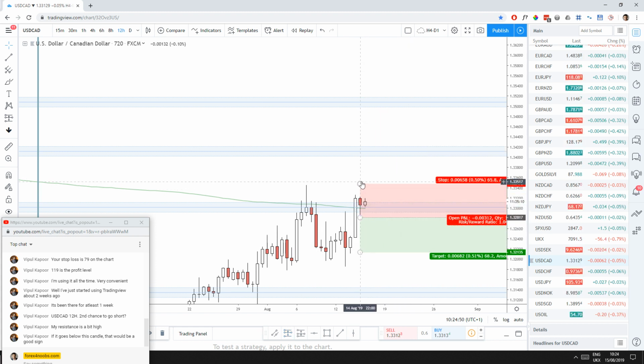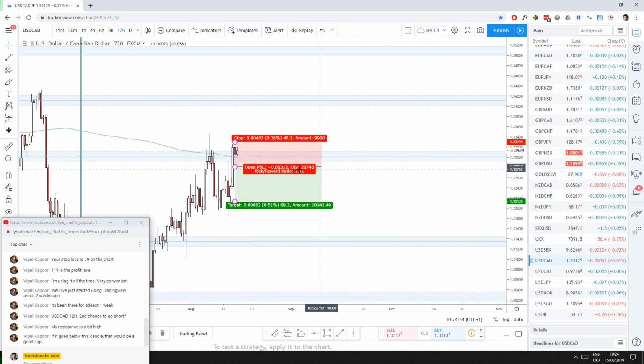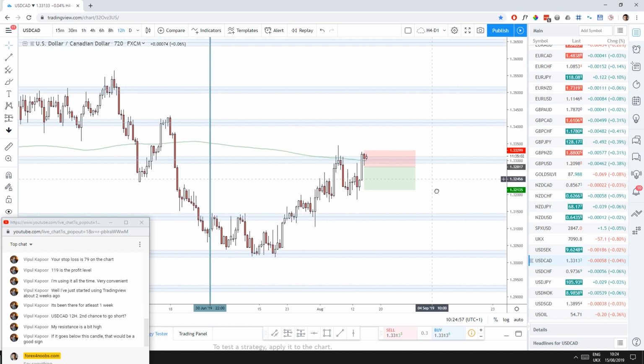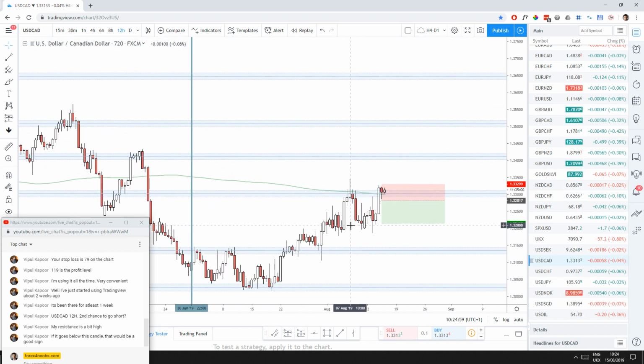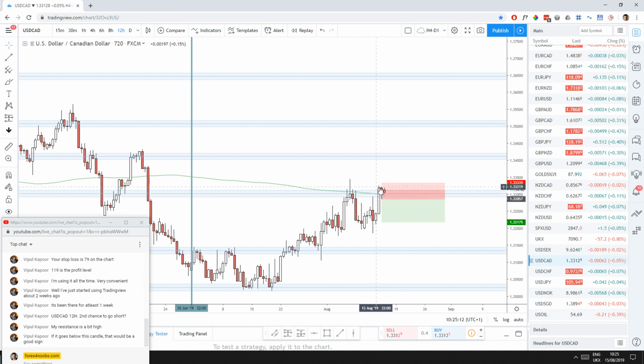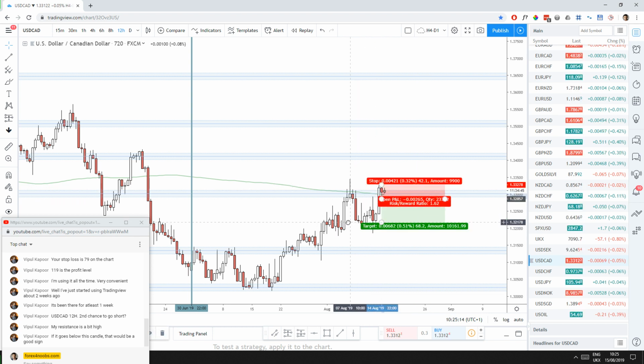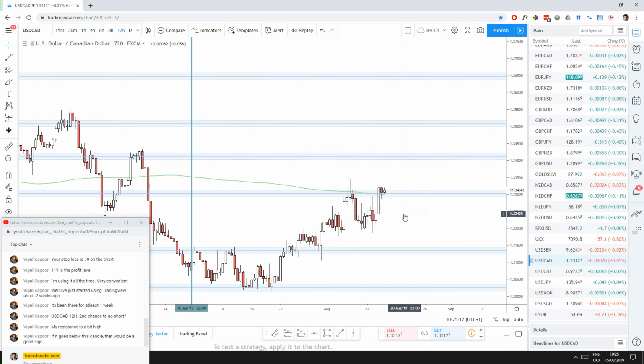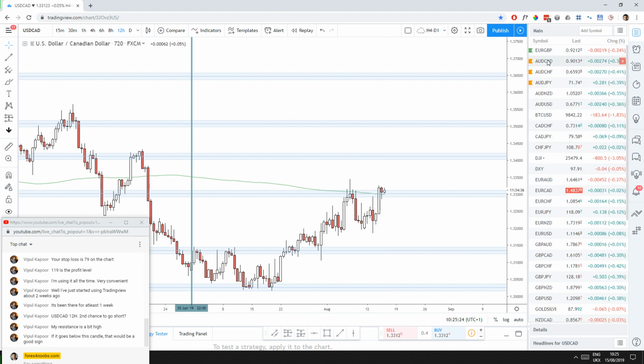Your initial target anyway would be this problem area here, where we can see it bounced from last time and tried to move down. Risk to reward ratio is pretty poor. It looks like it's breaking above resistance and above the 200 moving average. I'm not doing anything there, definitely not.